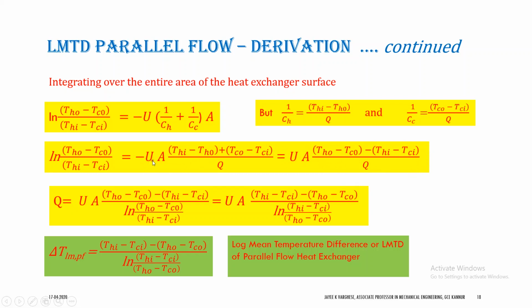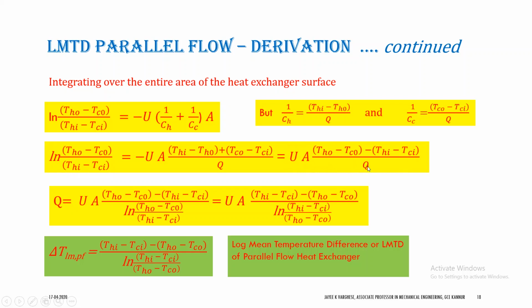UA into the negative is already taken inside: Tho minus Tco minus Thi minus Tci, divided by Q. Now we can see Tho minus Tco is the temperature difference between hot and cold at the outlet end, and Thi minus Tci is the temperature difference between hot and cold at the inlet end. So this is the left side and this is the right side.